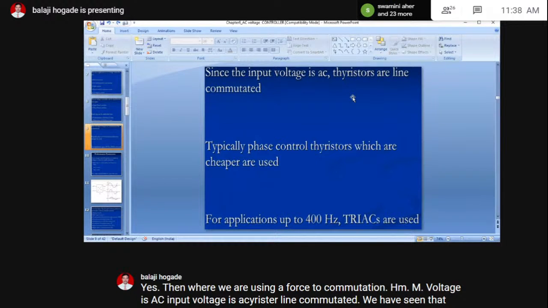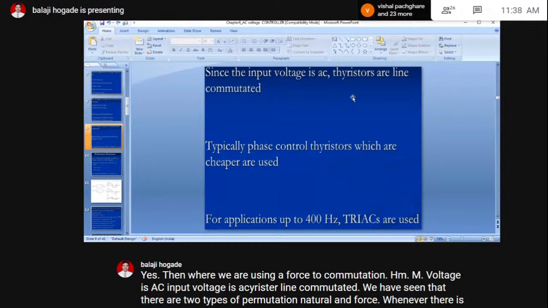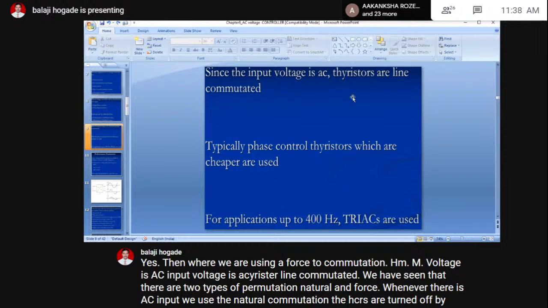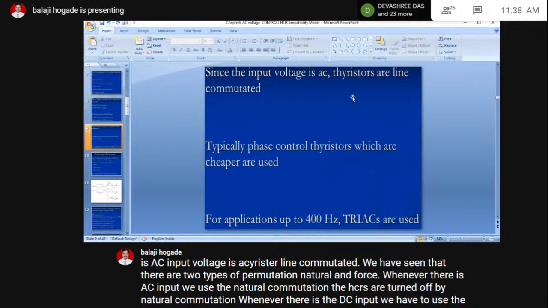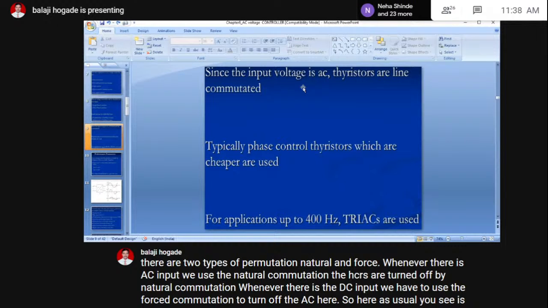Whenever there is an AC input, we use natural commutation. The SCRs are turned off by natural commutation. Whenever there is a DC input, we have to use forced commutation to turn off the SCR. So here, as usual, AC is the input. The thyristors will be turned off by line commutation or natural commutation.